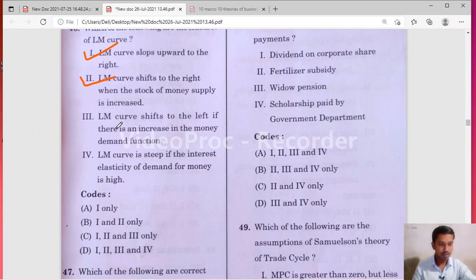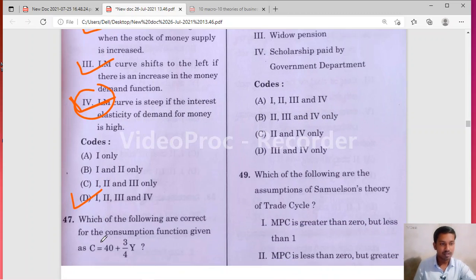Then LM curve shifts to the left if there is an increase in the demand for money, correct. LM curve is steep if the interest elasticity of demand for money is high. I think this is also correct. I am having a little bit of confusion in this option, but I think this is also correct. So option D is the right answer. Yes, these are expected provisional key answers.